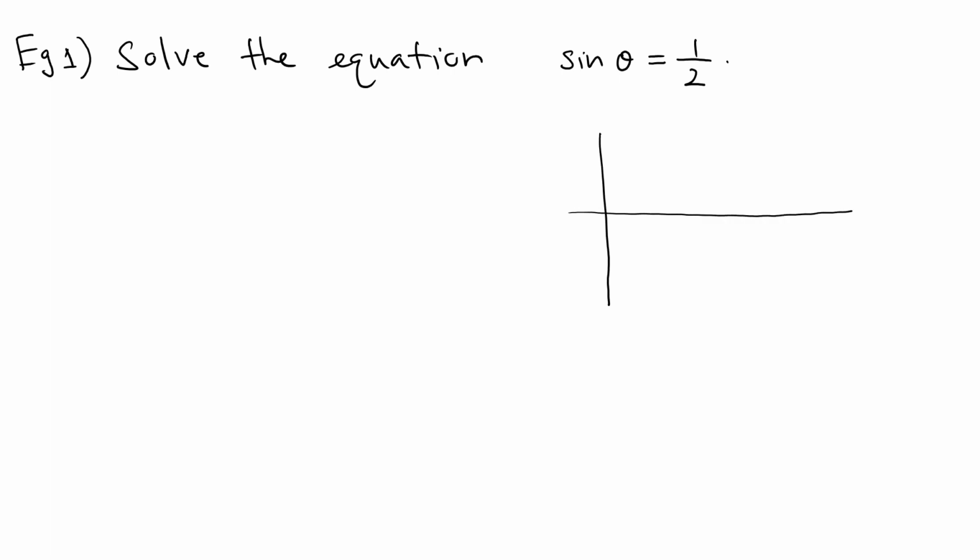So this is the sine graph, and this is the same situation we discussed at the beginning. This is 0, and then pi and 2 pi, the first period. Then we look at the values. We draw the line y equals 1/2, and you can see there are two values. There's one value here, and the other value there.